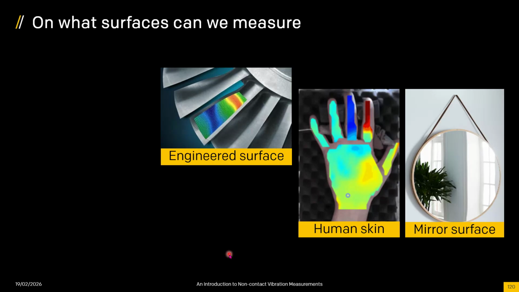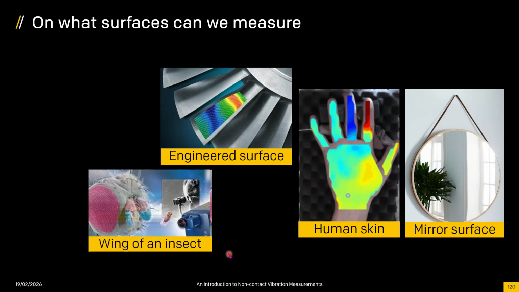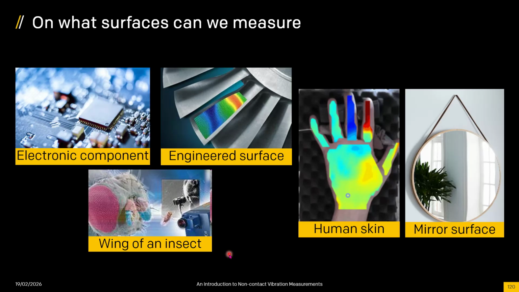There was a time when these were considered the most challenging surfaces, but with the latest technology, this is no different than any other surface. Very fragile, translucent surfaces, those are also another one. And tiny components, that's another one that falls under the umbrella of vibrometry.